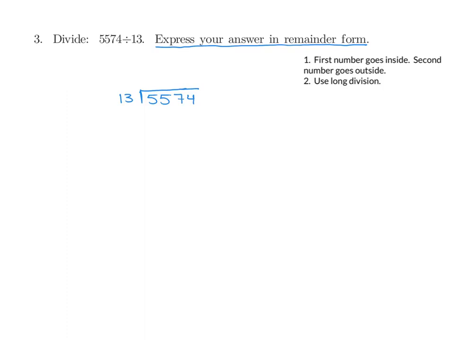So 13 goes into 55 4 times. 4 times 3 is 12. We're going to carry a 1. 4 times 1 is 4. Plus 1 is 5. Subtract, we get 3. We bring down our 7.